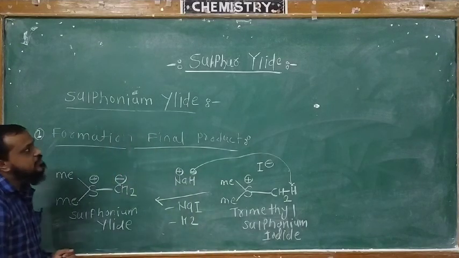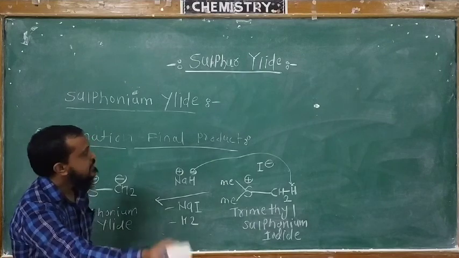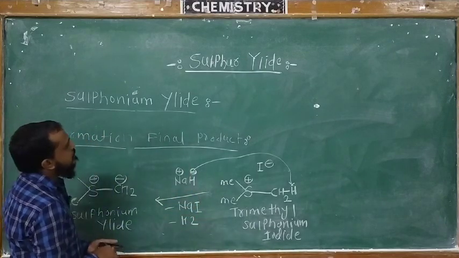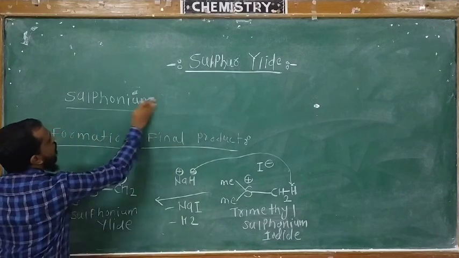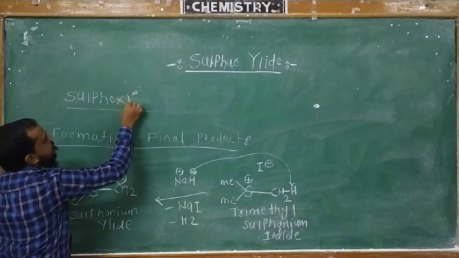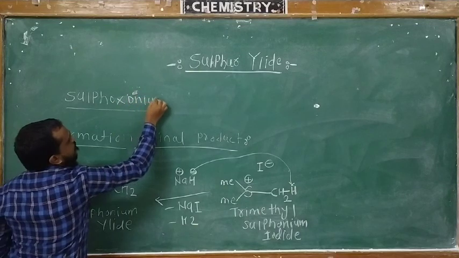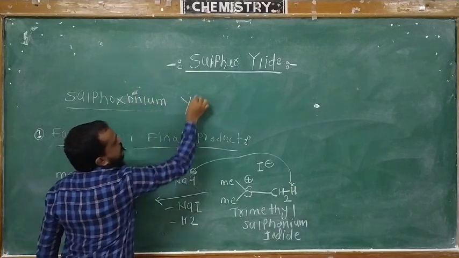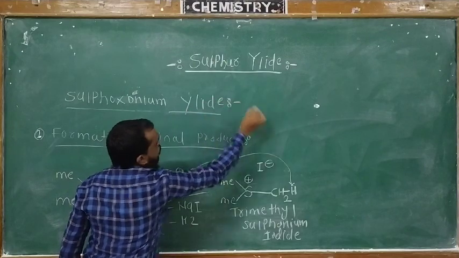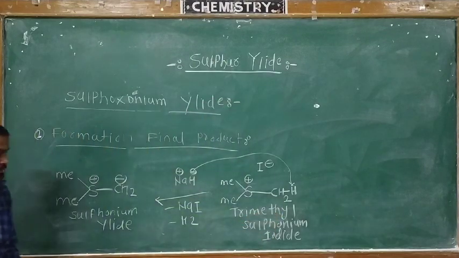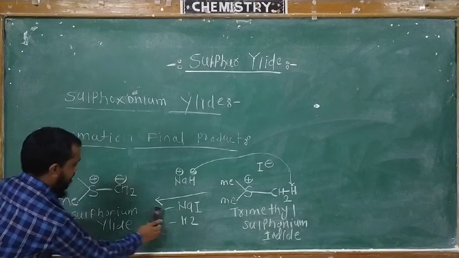Now the second type of sulfur ylide is the sulfoxonium ylide. So how to define it?